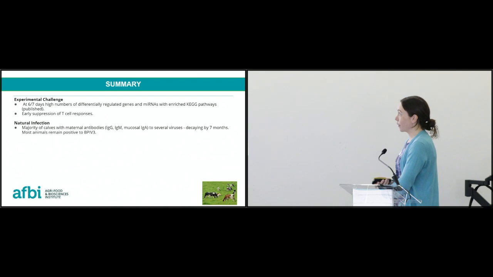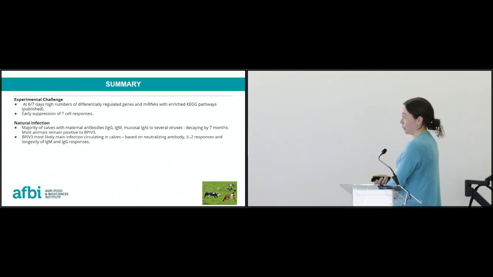From this, we assume that this was an active immune response, and we therefore presume that bovine parainfluenza virus was the most likely cause of the pneumonia in the calves, also based on their neutralizing antibody levels, the IL-2 responses, and, as I said, the longevity of their IgM and IgG responses.